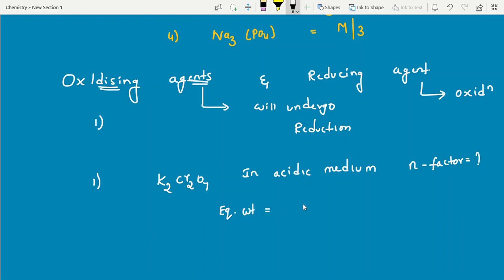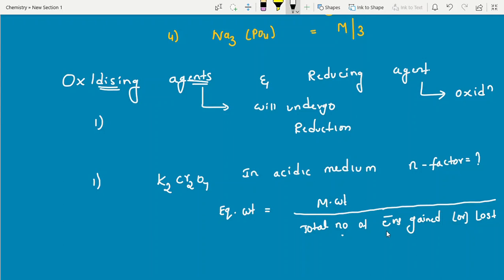Equivalent weight equal to molecular weight by total number of electrons gained or lost. Total number of electrons gained or total number of electrons lost.